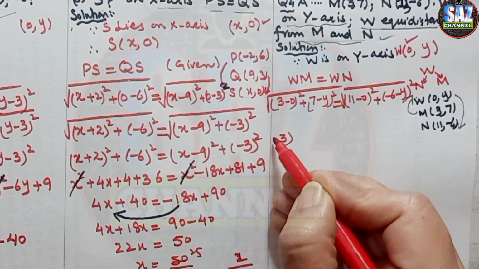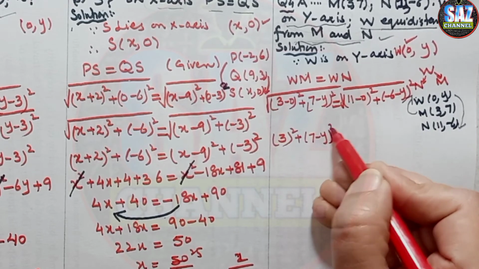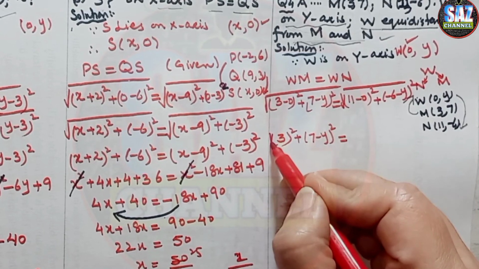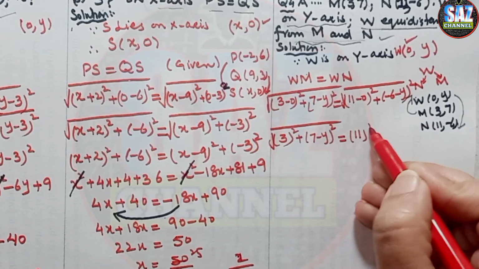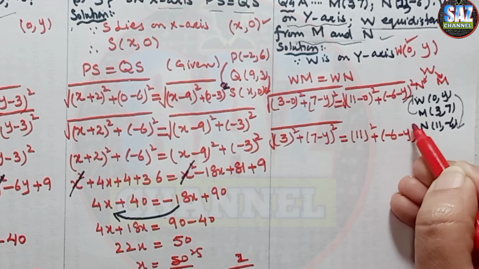This is square root of 3 square plus (7 minus y) whole square equals square root of 11 square plus (minus 6 minus y) whole square.